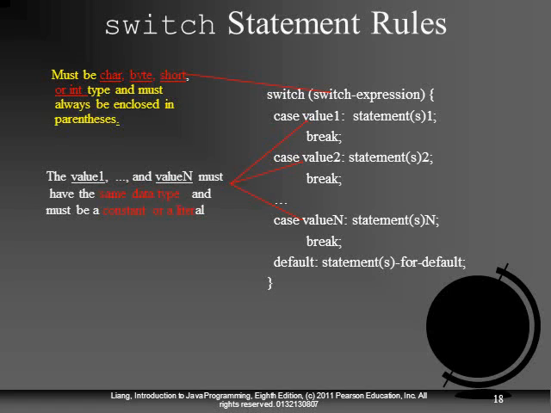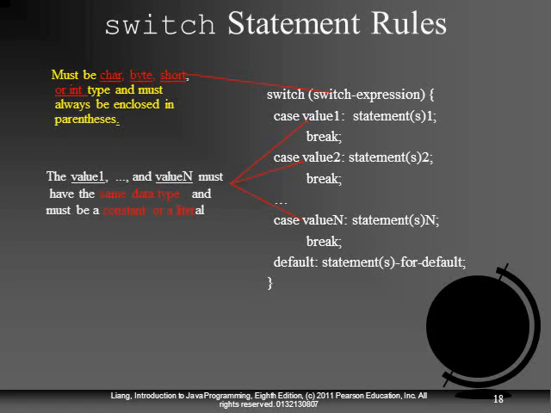The switch expression is limited to values that are character, byte, short, integer. All right. So we can't test everything. We can't test doubles and things like that. All right. And then our values must be the same type as the expression in the switch expression there. Right.